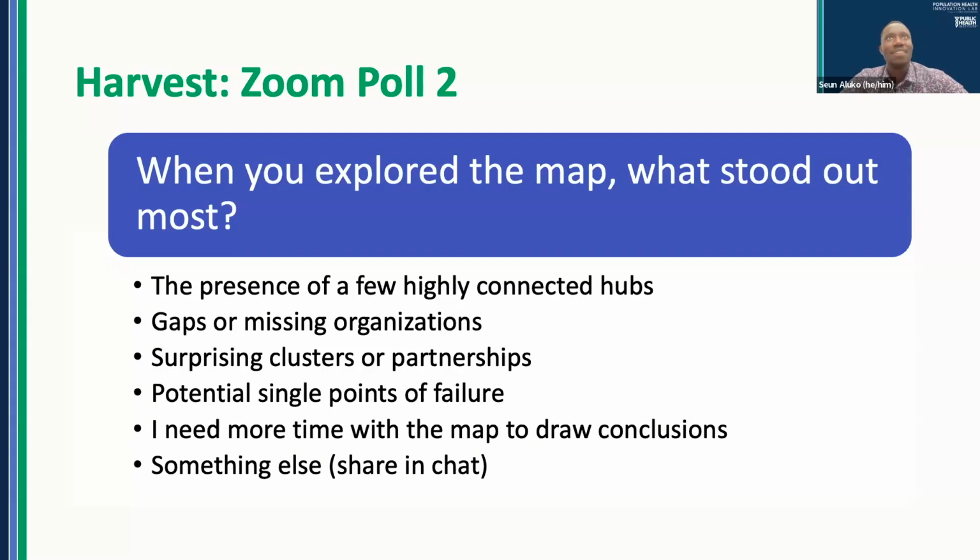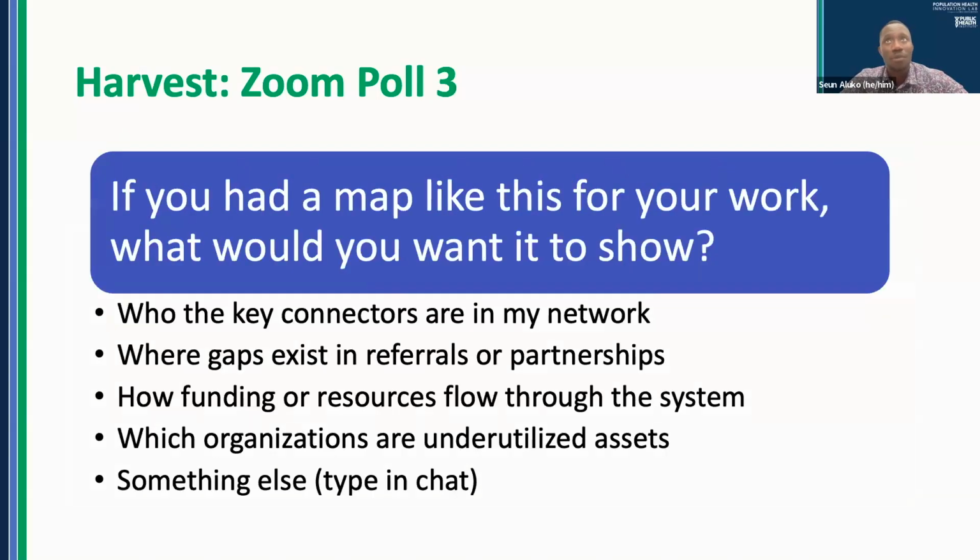But now that you have gotten the chance to walk through a map, I am curious for those on the call, who come from very different locations and contexts: if you had a map like this for your work, what would you want it to show? What would you be mapping? Would you be mapping connections like we did here? Would you be mapping for gaps in referrals? Would you be mapping funding?